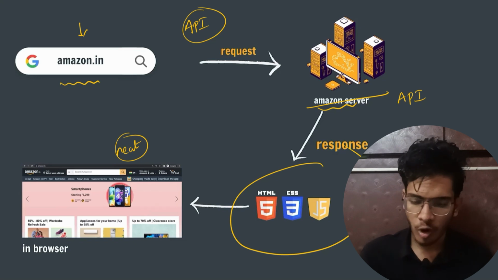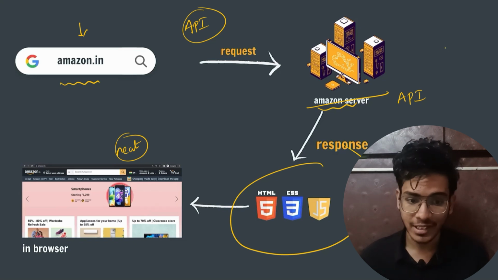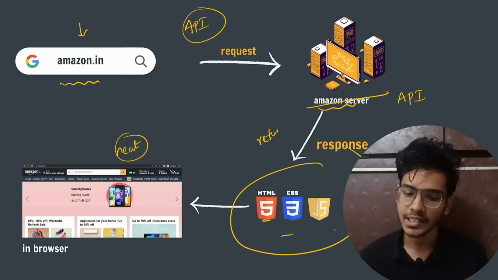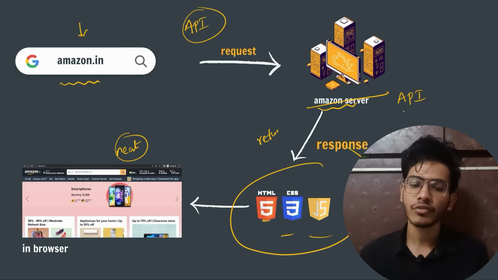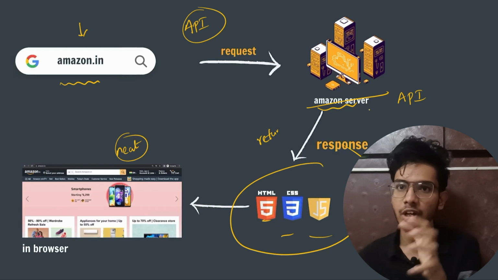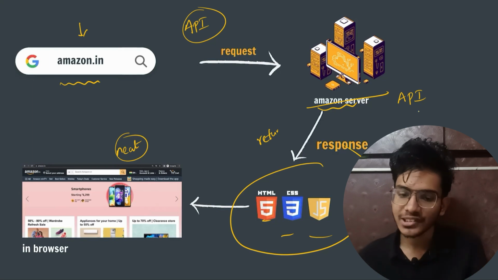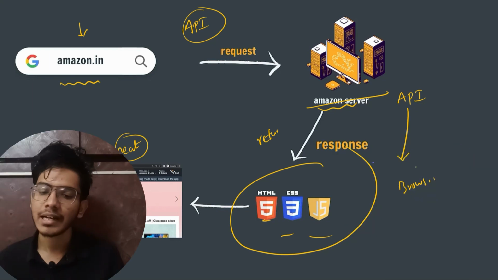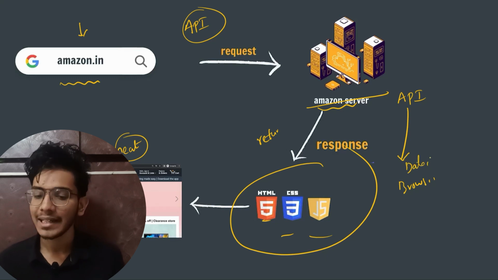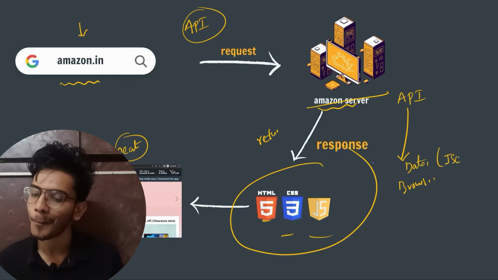Here, the Amazon server returned me a bundle of HTML, CSS and JavaScript. But if I replace the server with an API, then the API will return some data, and that data is in JSON format.